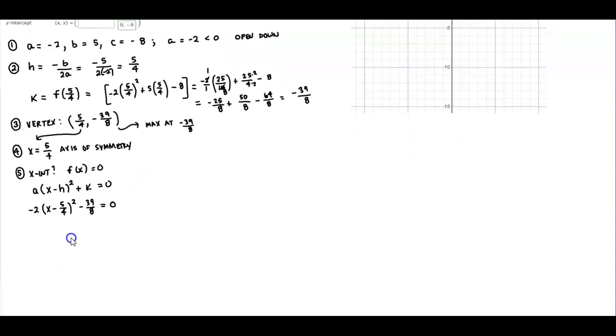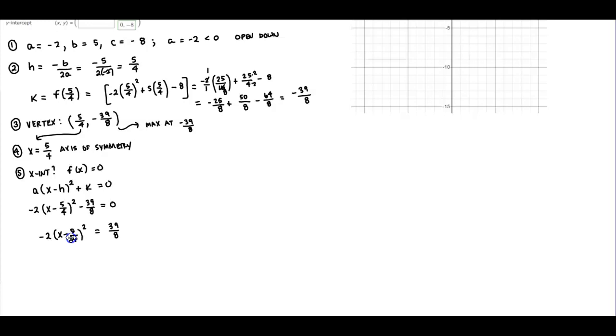So we're going to add 39 over 8 to both sides. So we have 39 over 8. Okay, and then what we're going to do is divide by negative 2. If we divide by negative 2, that means we're going to be multiplying by the reciprocal of negative 2, which is 1 over negative 2.